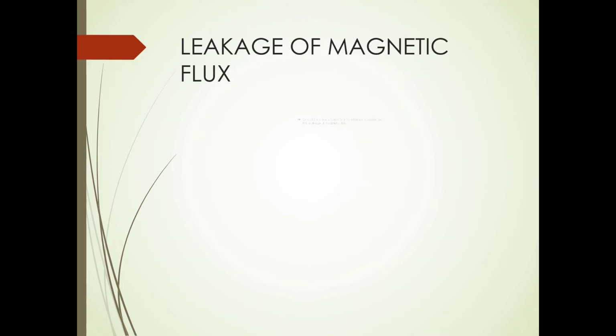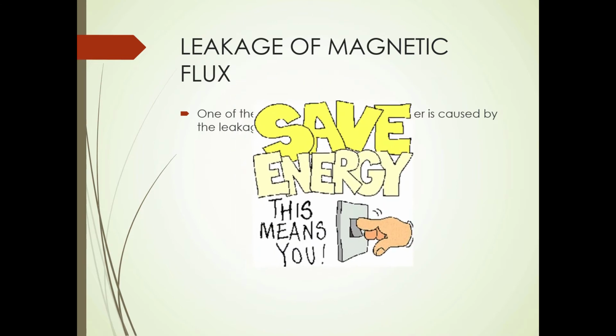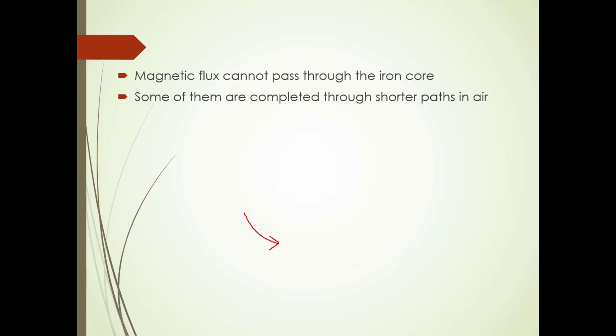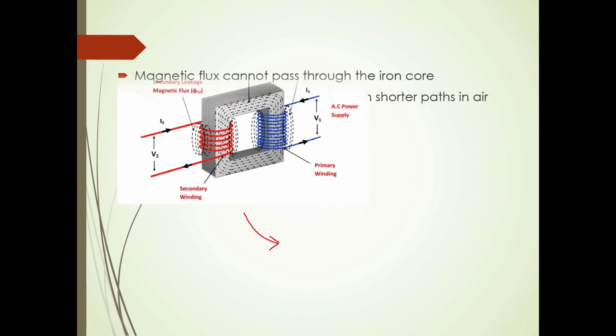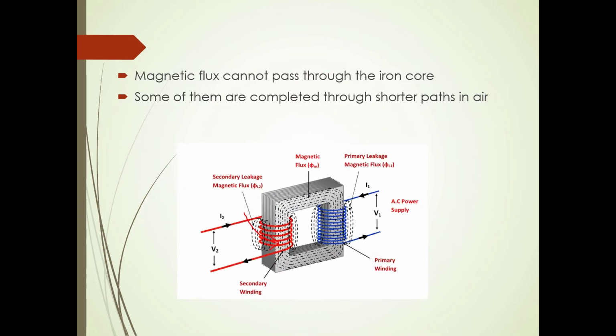Besides that, a common factor of energy issue in a transformer is magnetic flux leakage. This happens when magnetic flux cannot pass through the iron core effectively, thus causing the magnetic flux to complete the path in air. Besides that, the leakage of magnetic flux only happens in the iron core, which can be seen here.